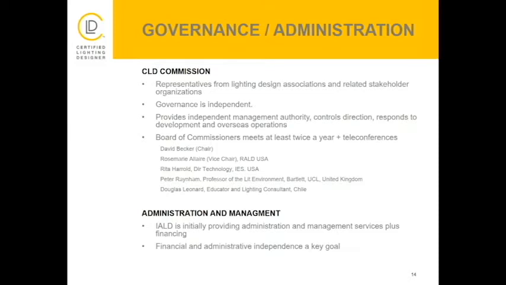So essentially, the CLD program is run by the CLD Commission, and we're basically representatives of lighting design and related stakeholders. And we try to provide independent governance to make the program both rigorous and attractive to people to use. Generally, we get together twice a year.